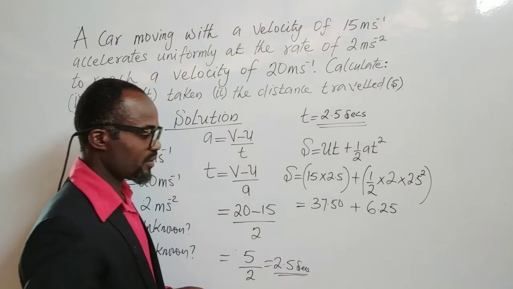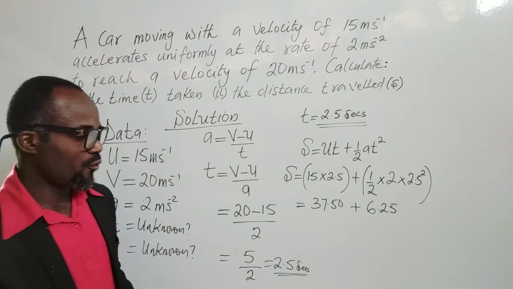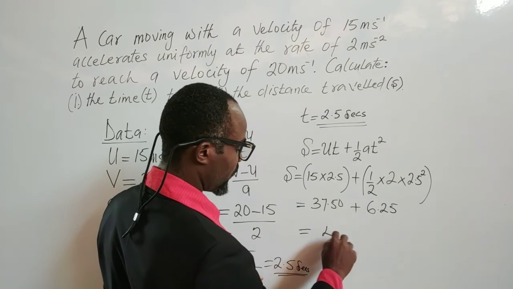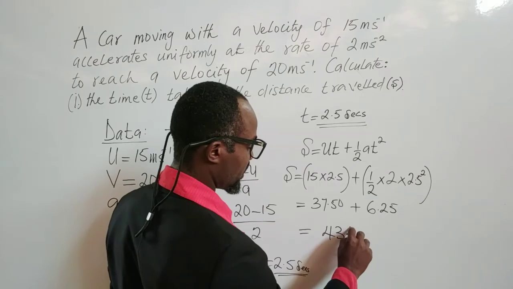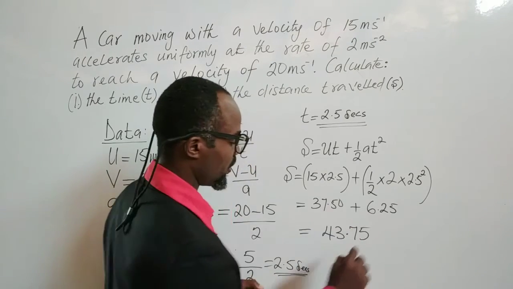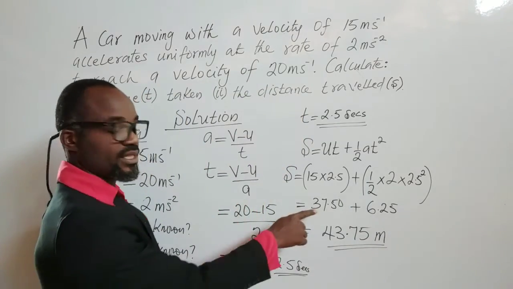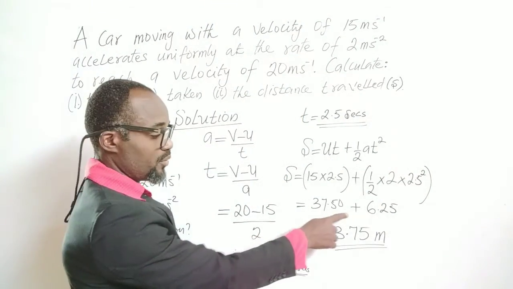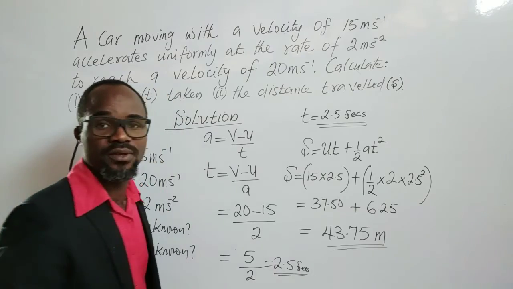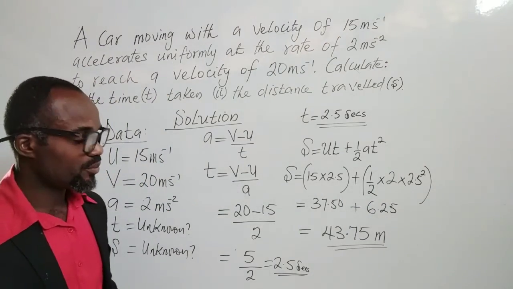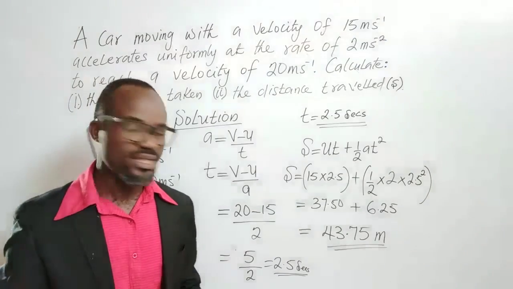Then we add. If we add this wisely, we will arrive at 43.75 meters. By the time we add 37.50 plus 6.25, we will get 43.75 meters.